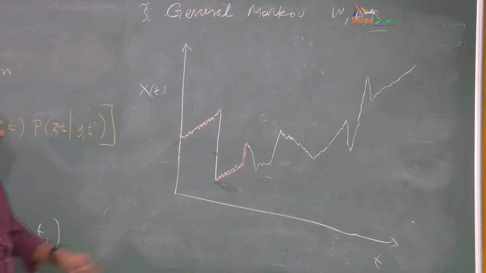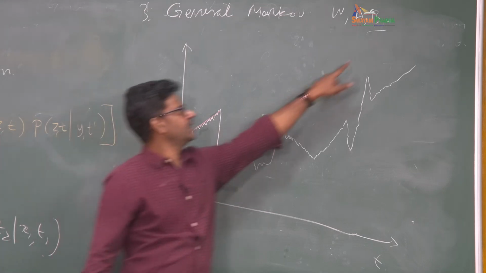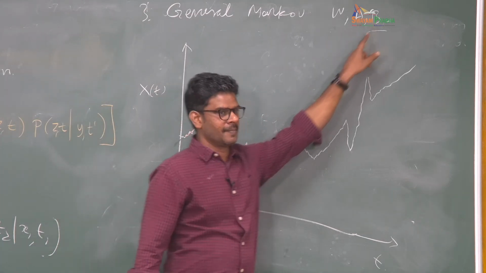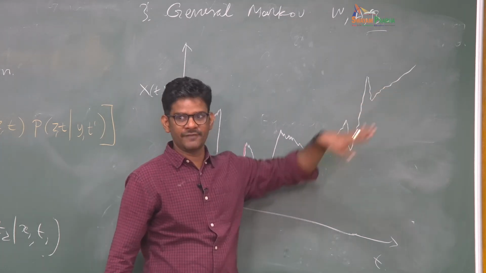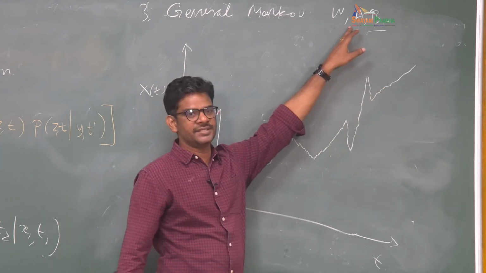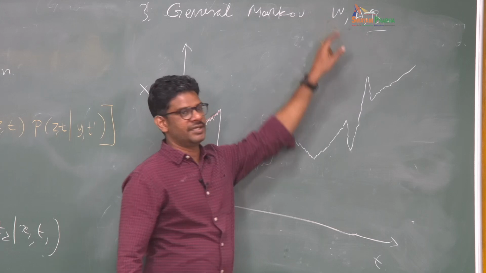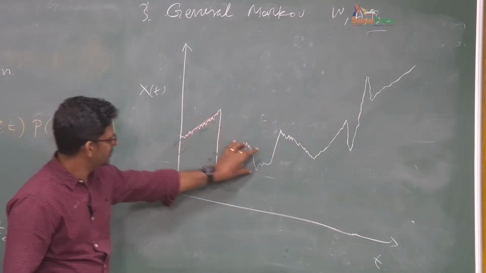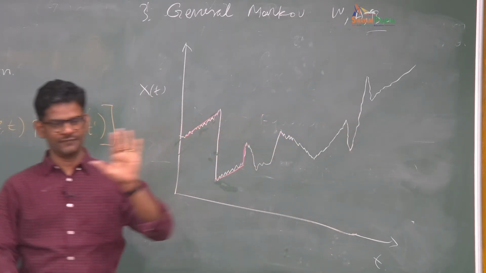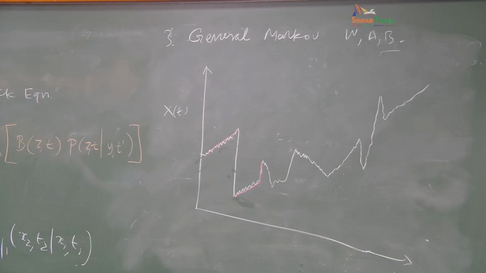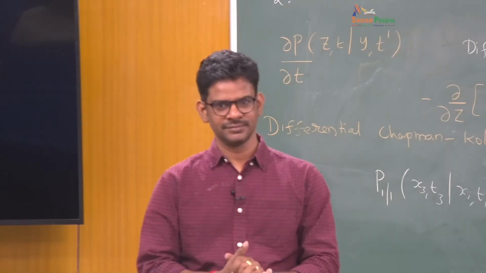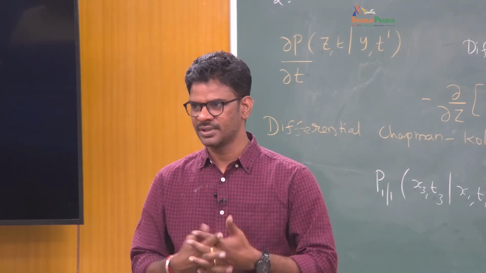The small jiggling that you see here is because of the finiteness of B. This tendency to increase on average, the mean, is because A is non-zero, and W is non-zero, and you see this kind of jumpy behavior. So here I have superimposed both the continuous and discontinuous process. Within the continuous process, I have a drift and I have a diffusion. All three things are clubbed together.